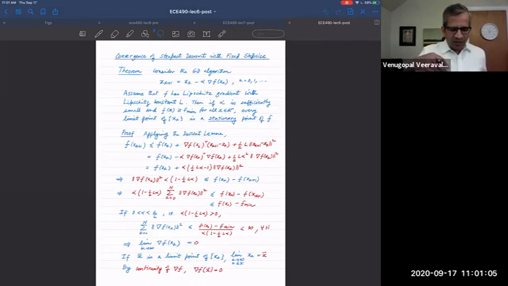Then we saw that we use a rule like the Armijo rule that decreases the function in every iteration. Then even if the iterates don't converge, every limit point of the iterates is a stationary point. So that's what we first showed.